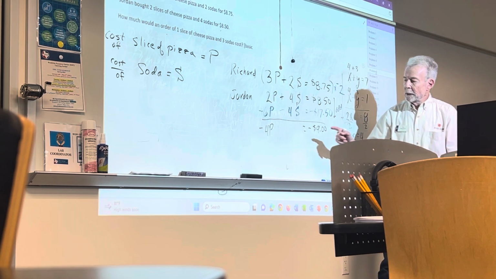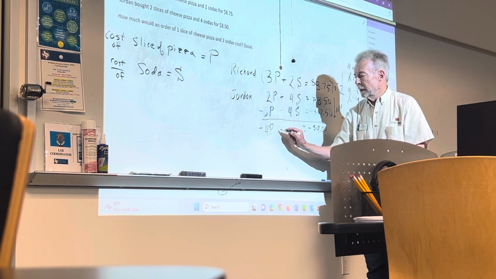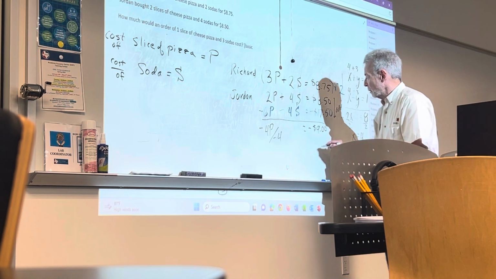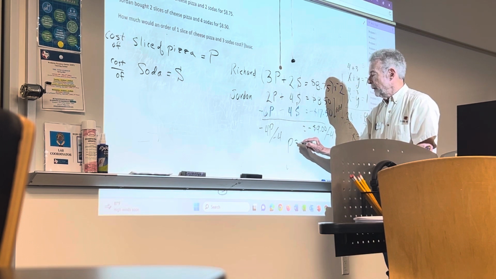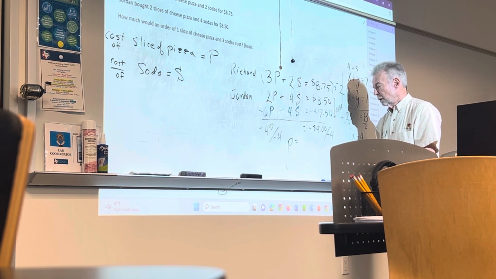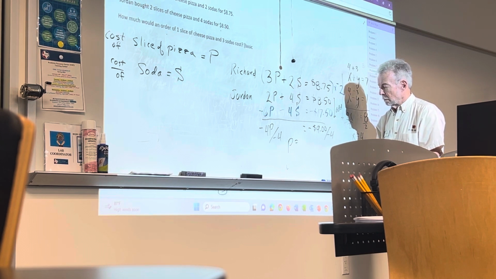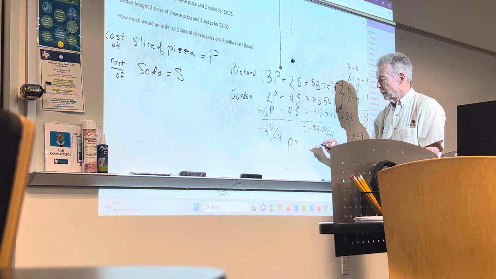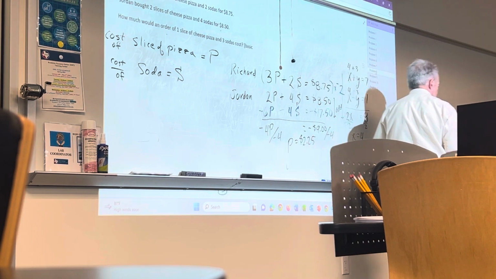Now we've talked about this. I have a coefficient here in front of the variable, so I do the opposite. I'm going to divide both sides by negative 4. And I get the cost of the pizza is equal to, what is that? $2.25. I think that's right.